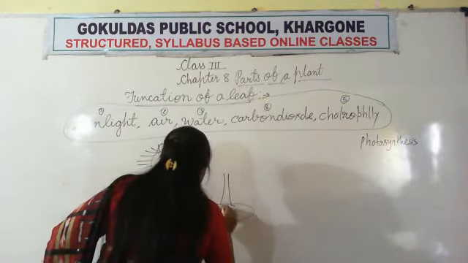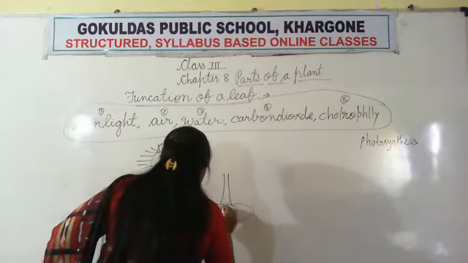Right? And this water is absorbed by the roots, and through the roots it reaches into the stem. Then this stem will pass the water into the entire plant, right?